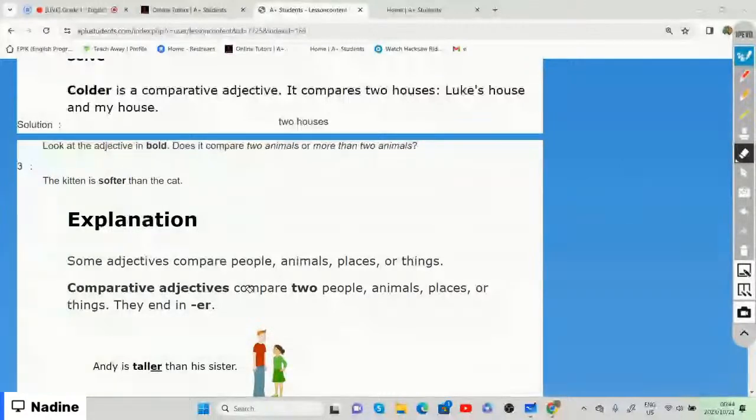Then we have an explanation where some adjectives compare people, animals, places, or things, and comparative adjectives compare two people, animals, places, or things. So softer than my cat compares the two animals.